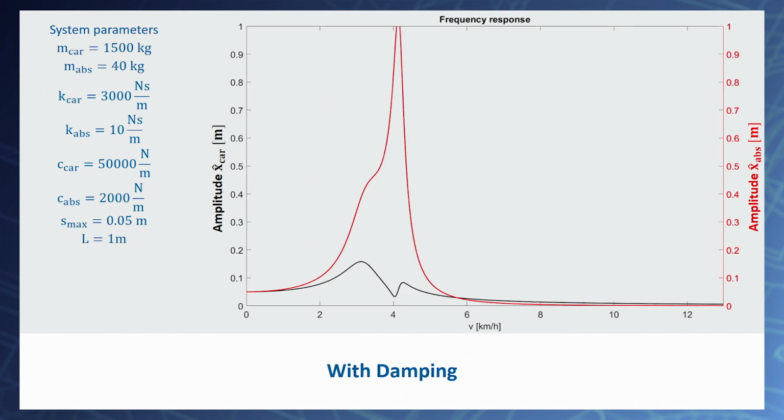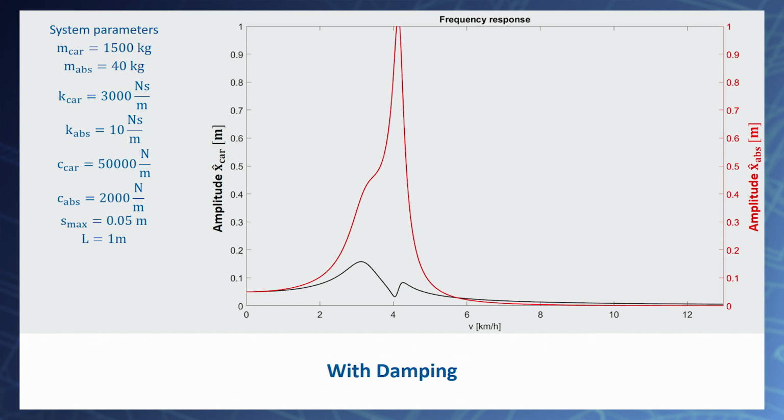Another thing is to see what is happening if we use a damped system. Compared to the previous diagrams, the damping rate is no more equal to 0, but we have a non-zero value for the dampers of the car suspension system and also a non-zero value for the damper that is connected between the car mass and the absorber.